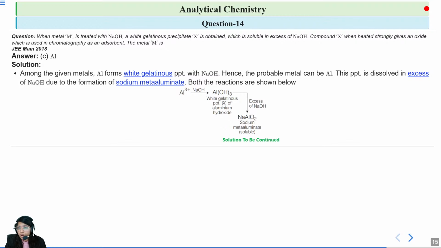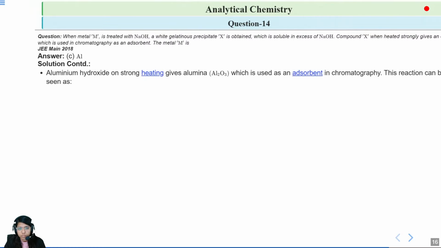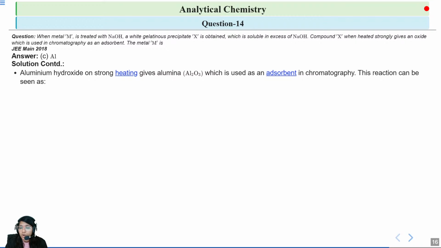The reaction of aluminum ions with a limited amount of sodium hydroxide forms a white gelatinous precipitate of aluminum hydroxide, Al(OH)3, and when excess NaOH is added, the white gelatinous precipitate of aluminum hydroxide dissolves, which results in the formation of soluble sodium meta-aluminate. Let's continue our solution. Now aluminum hydroxide when heated strongly decomposes to form alumina, Al2O3, which is an adsorbent used in chromatography.